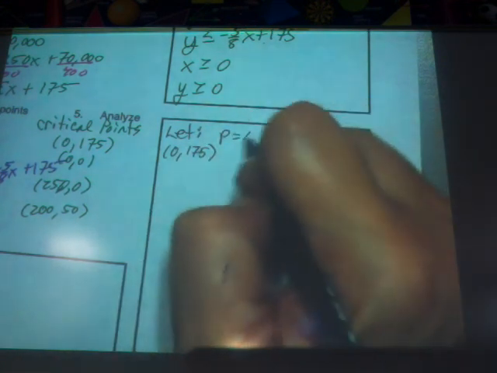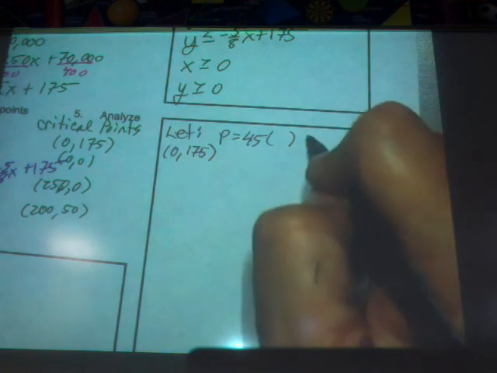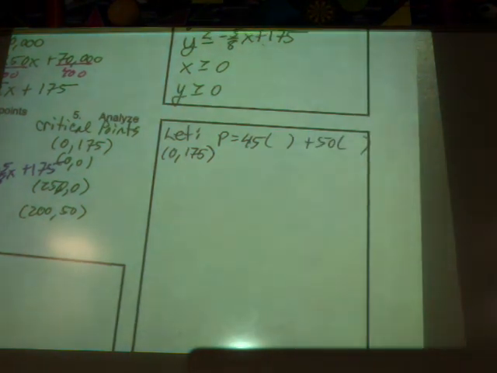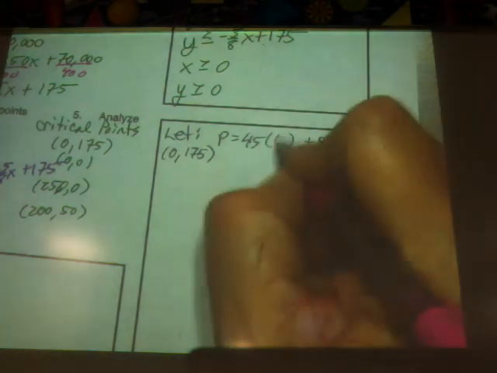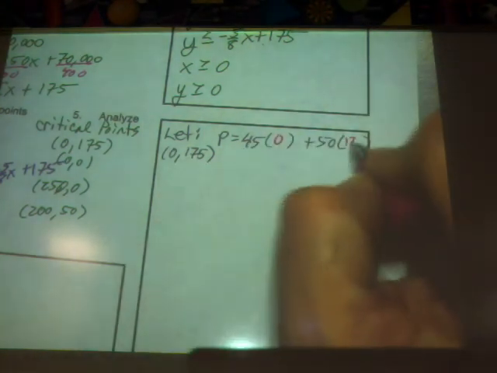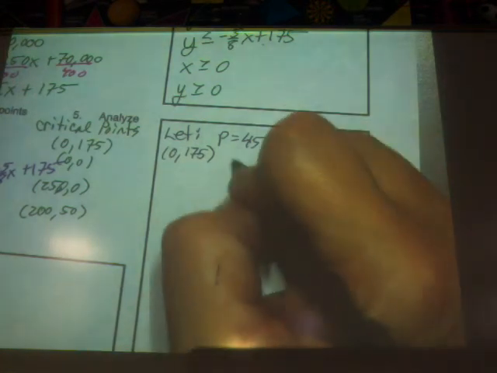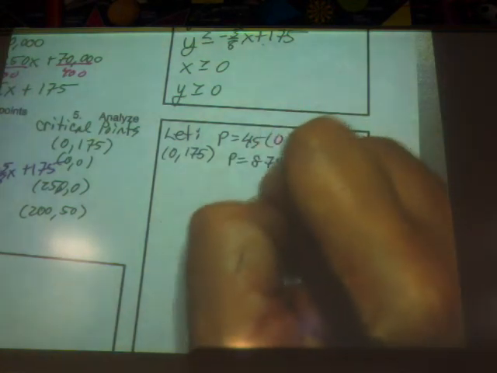Your profit equation says 45 times x plus 50 times y. So I'm going to put in 0 for x right there and 175 for y. Tell me what you get. 87.50, right? So profit is equal to 87.50.